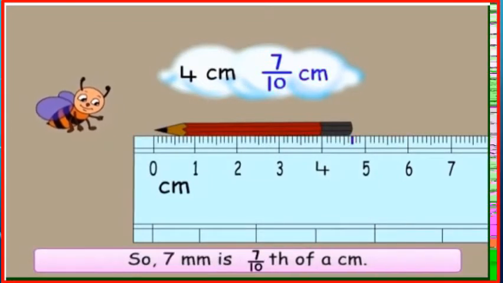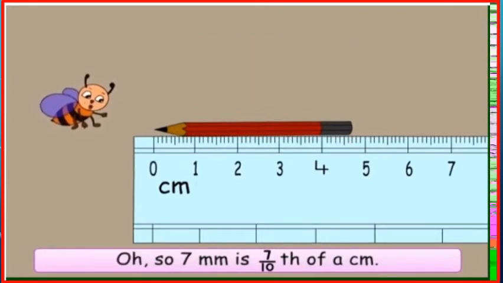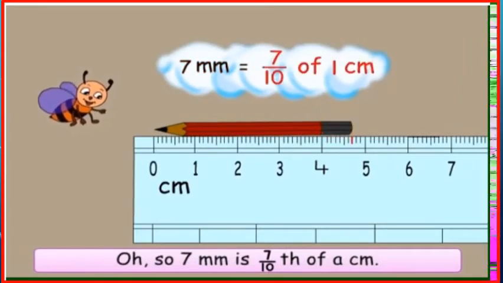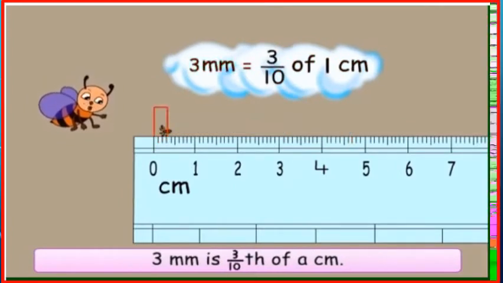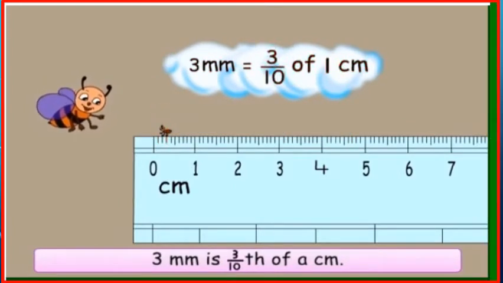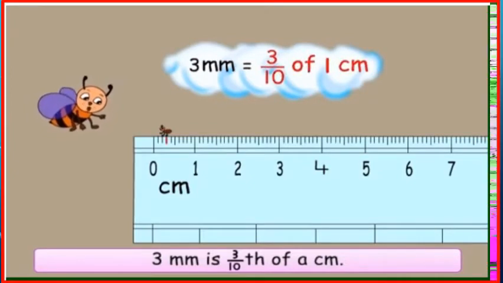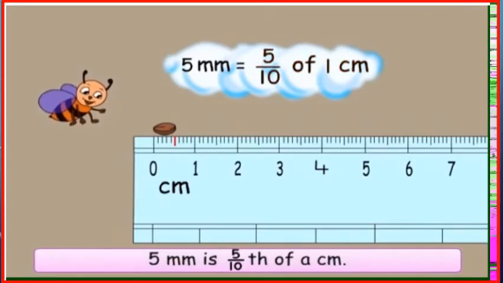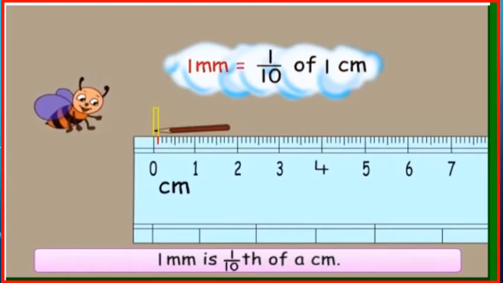So, 7 millimeters is 7/10 of a centimeter. Oh, so 7 millimeters is 7/10 of a centimeter. 3 millimeters is 3/10 of a centimeter. 5 millimeters is 5/10 of a centimeter. 1 millimeter is 1/10 of a centimeter.